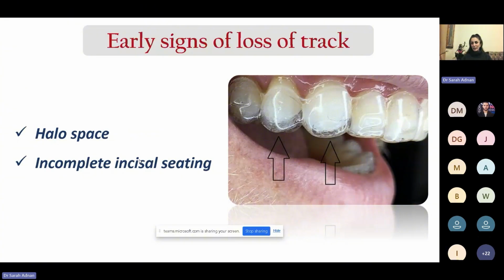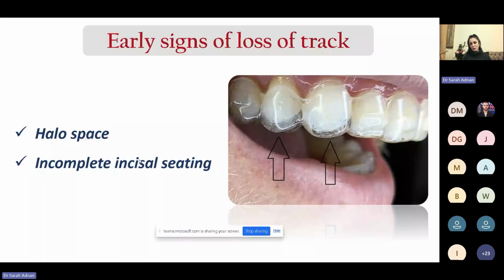Why does the halo effect occur? In the majority of cases, it occurs due to poor fitting of the appliance, maybe due to poor compliance of the patient, maybe due to error in attachment design. All these points should be identified and addressed carefully. If it's a compliance issue, you should instruct your patient to comply and wear the aligner as planned, 22 hours per day.